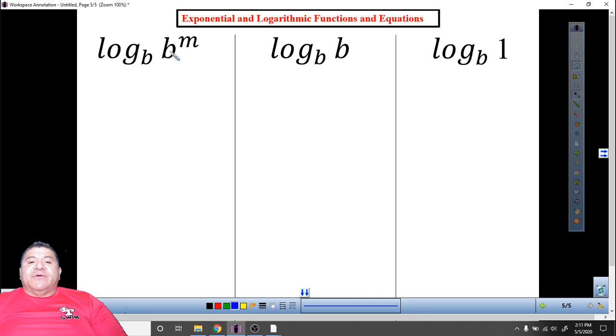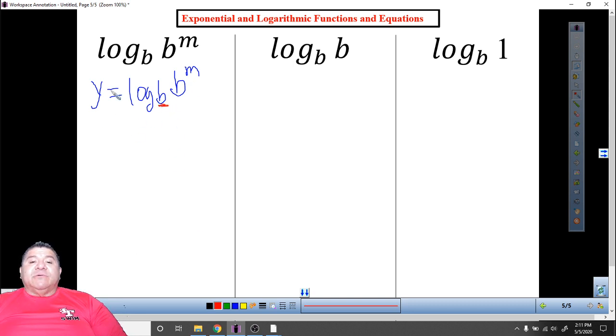So in order for us to solve for the missing exponent, we need to set this equal to y. So I'm going to write y equals log b, and the given number is b to the m power. Okay, so here, what is our base? Our base is b.